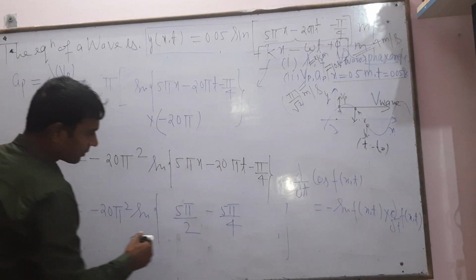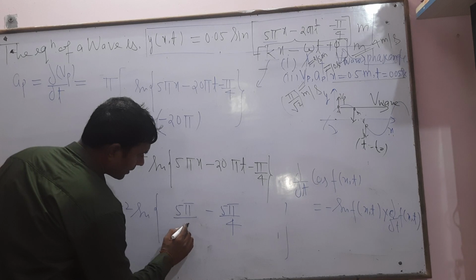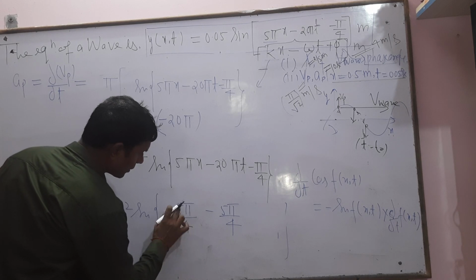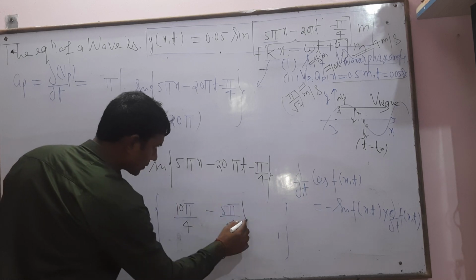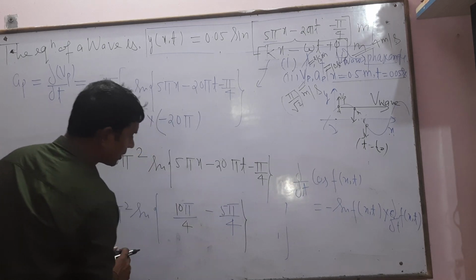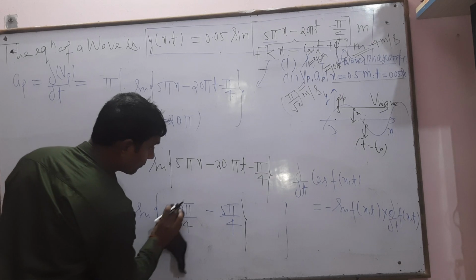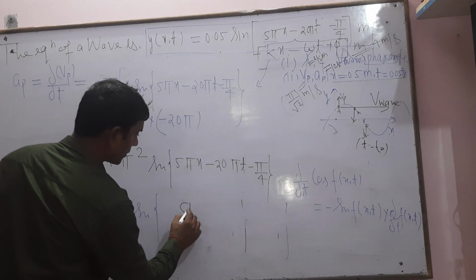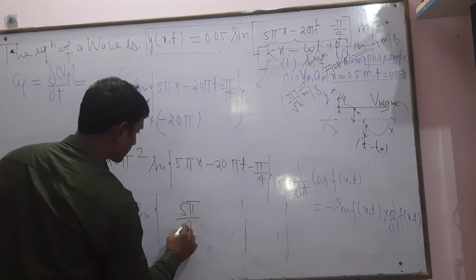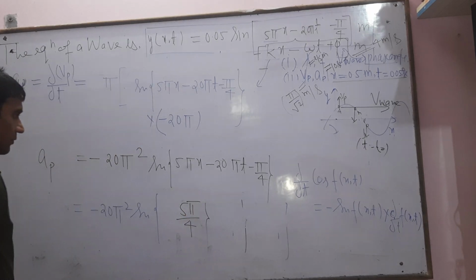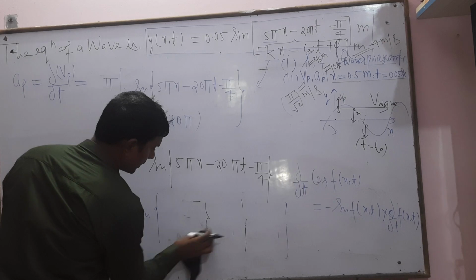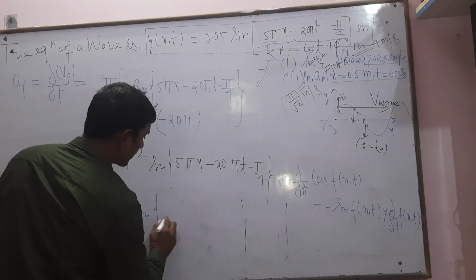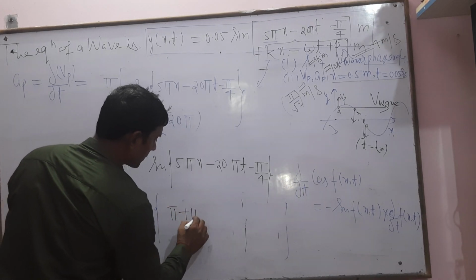Multiplying by 2 and 4, that number equals 10 minus 5, which is 5 pi by 4. We can split 5 pi by 4 as pi plus pi by 4.